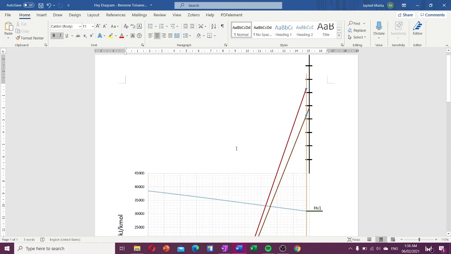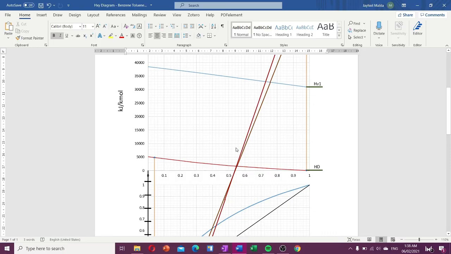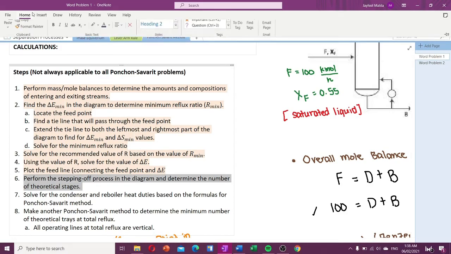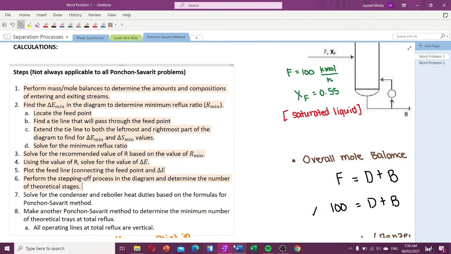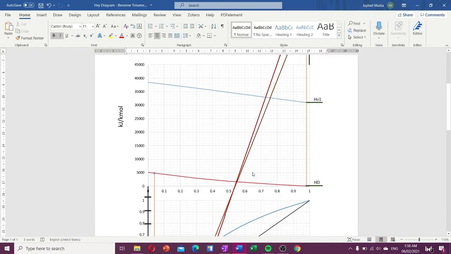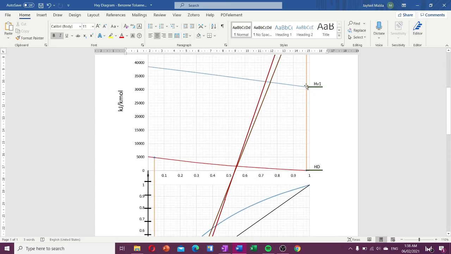We're now ready for the stepping off process. So how are we going to do the stepping off for Ponchon-Savarit and determine the number of theoretical stages? To do this, the first thing that we're going to do is use the XY diagram at the bottom part to make a tie line that will complement the HV1 here at the top.